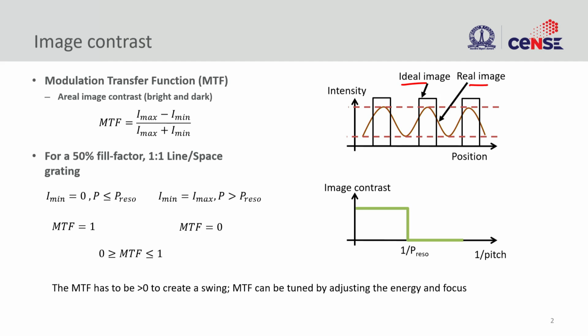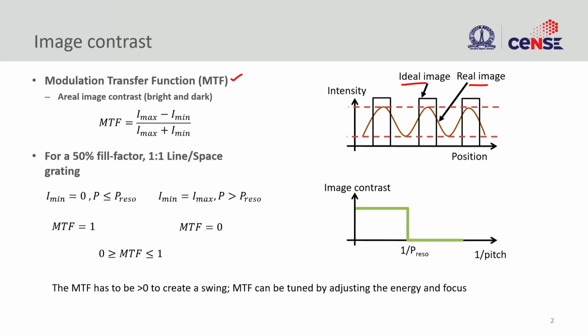So, the metric that we use to quantify whether this image contrast that we have is sufficient to create the modulation that we are looking for on the wafer or on the photoresist is called the modulation transfer function. The modulation transfer function is nothing but the ratio of maximum to minimum intensity that we have.